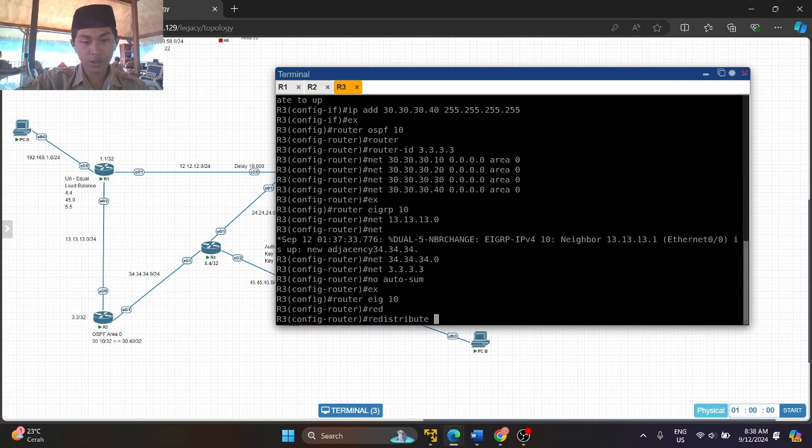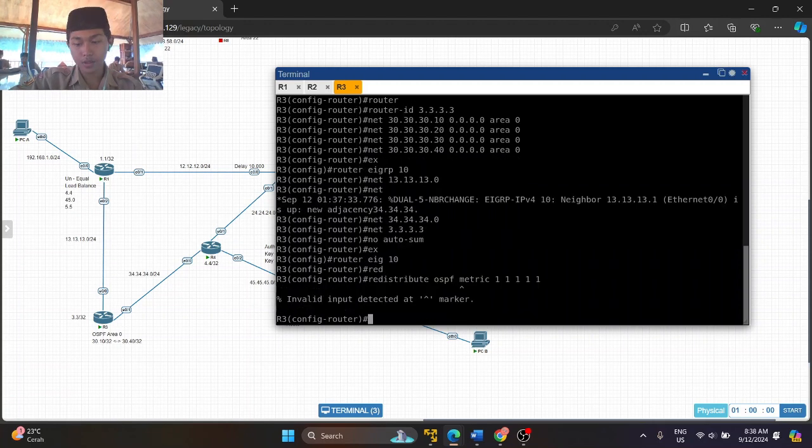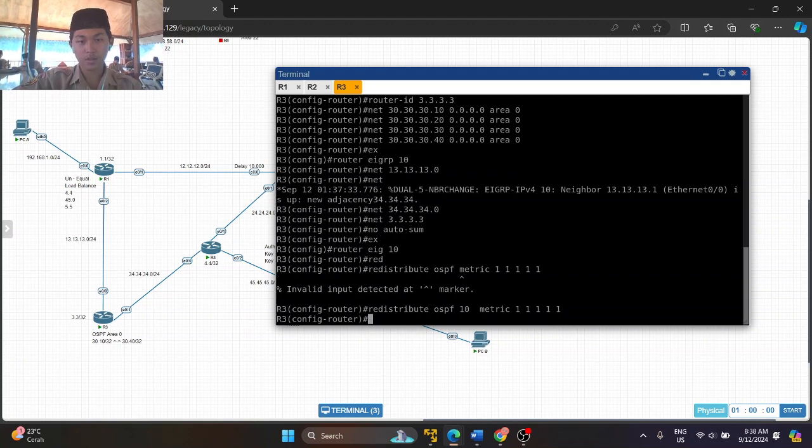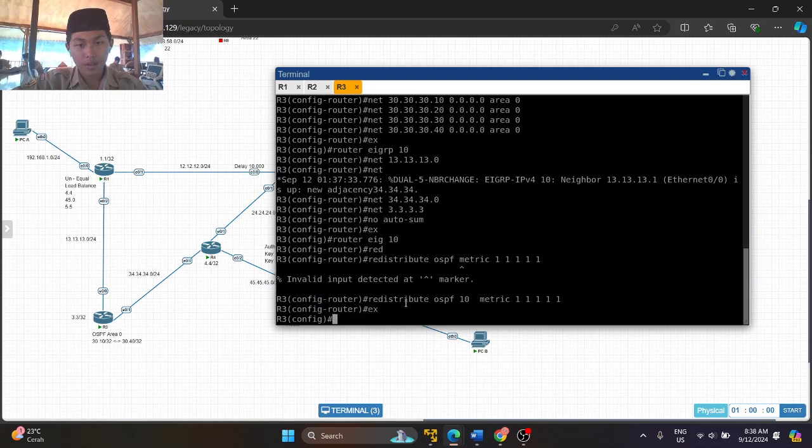Redistribute OSPF metric, enter, OSPF 10. Okay. Do write.